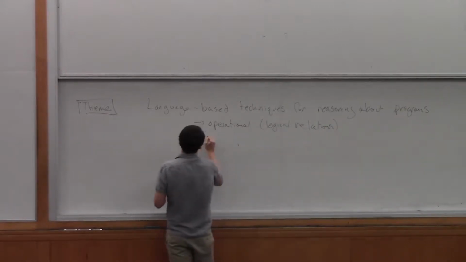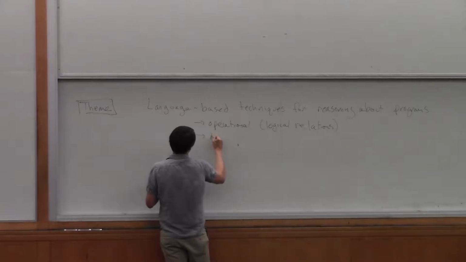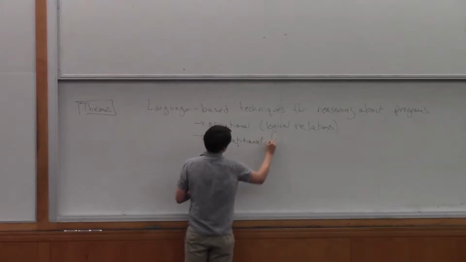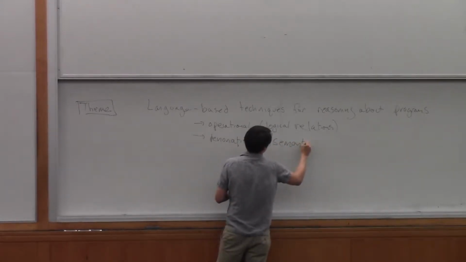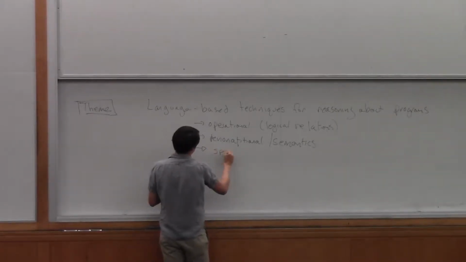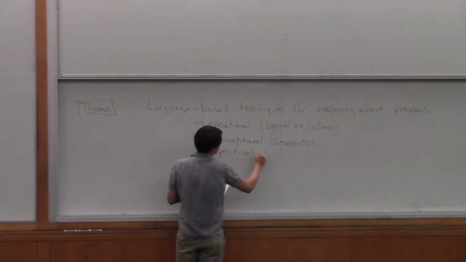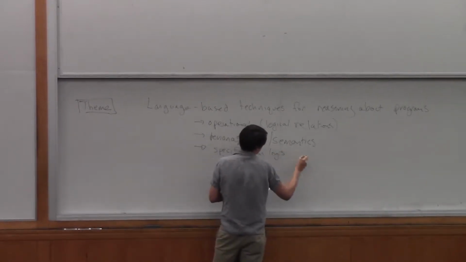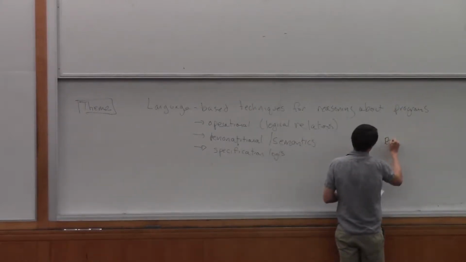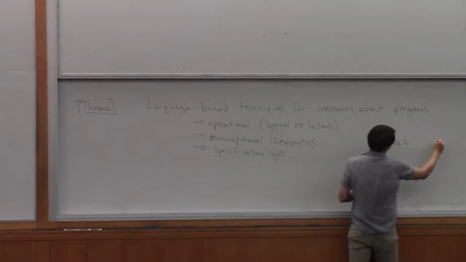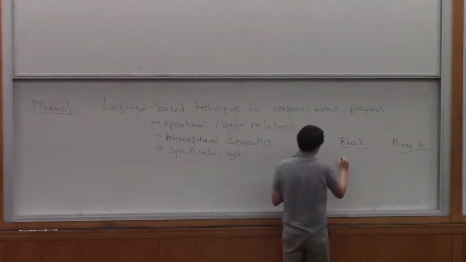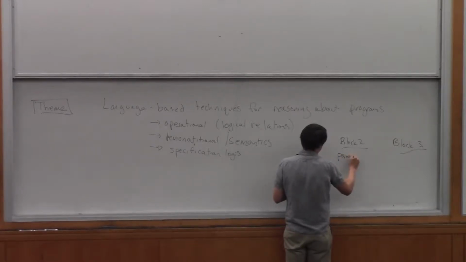And we'll see some techniques based on denotational semantics. And then later in the school, particularly in the last set of lectures, we'll see more stuff on specification logics for imperative and concurrent programs. So the way this is sort of divided is that in the second and third blocks of lectures, we'll see applications to parametricity.